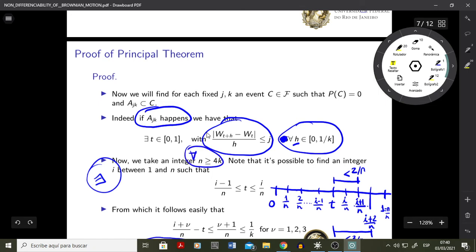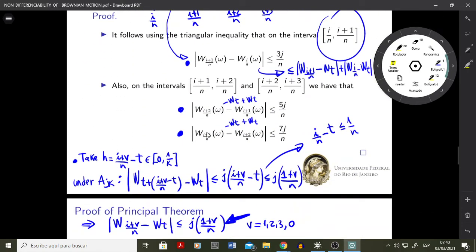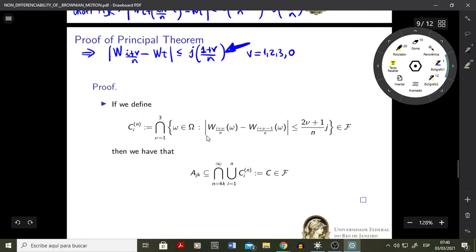For all n greater or equal than 4k, we have that there exists an I between 1 and n such that these three inequalities hold. So that's why we have this inclusion. Okay, that means that for all n greater than 4k, there exists an I between 1 and n such that this happens. This is the three events.